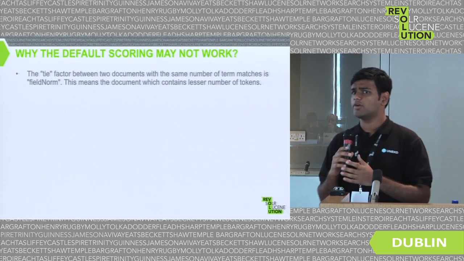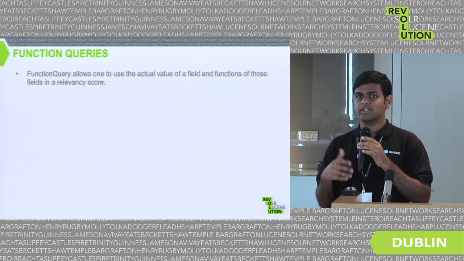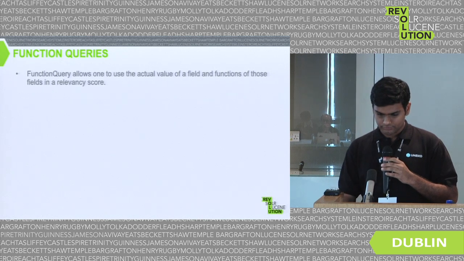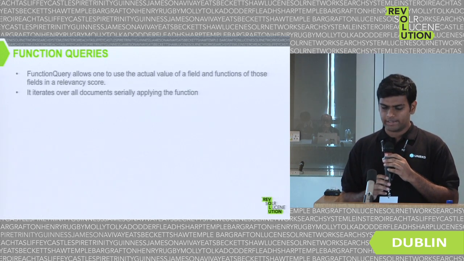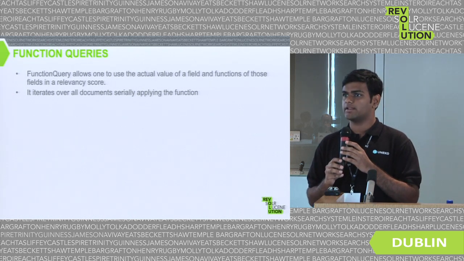Now I'm going to talk about function queries and how to add various signals into your scoring algorithm. Essentially, a function query allows you to use actual values of a field to compute functions and use them in your relevancy score, right? A function query would iterate over all the documents serially, applying the function.